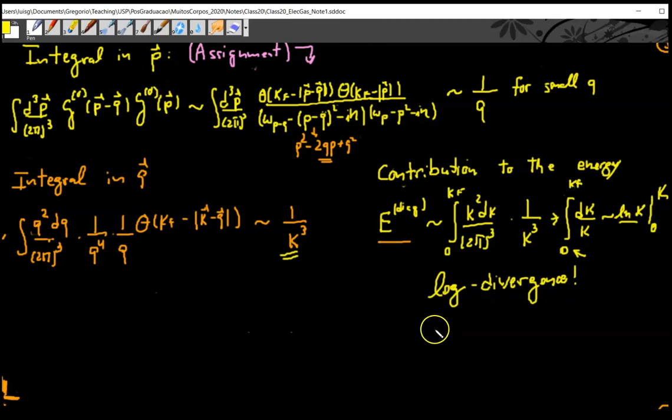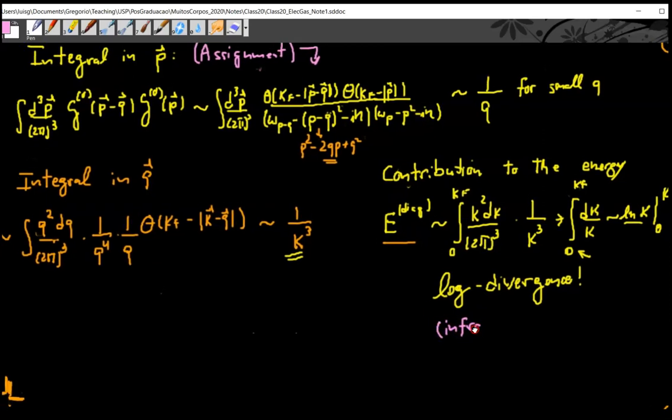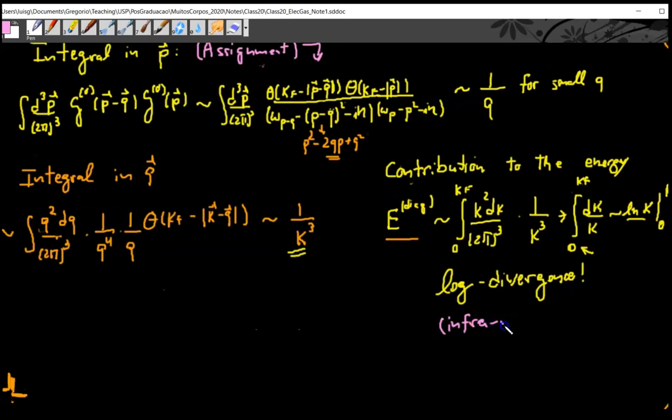So that's an infrared, if you want, divergence. The divergence occurs for small q, for k.